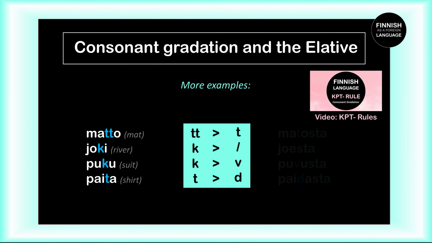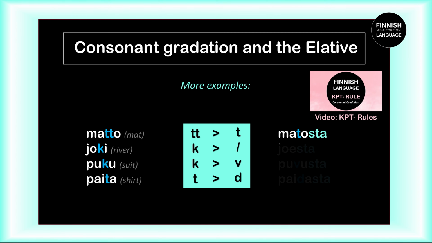Now let's have a look at some more words that are affected by the consonant gradation when we turn them into the elative case. For example, matto means mat. Here we have the consonant gradation. Double T changes to one T, so the elative case is matosta. Next one, joki means river. Here the consonant gradation is that the letter K disappears.